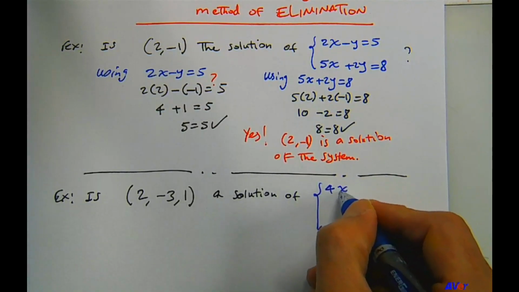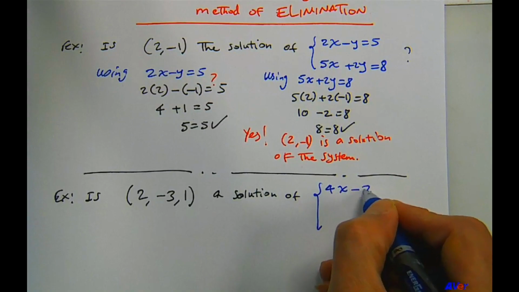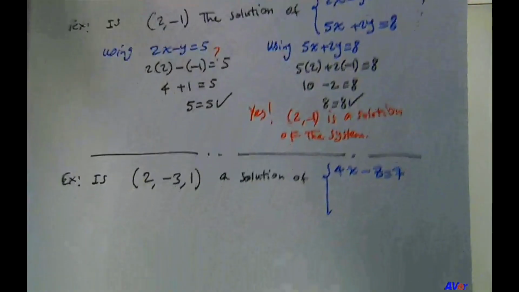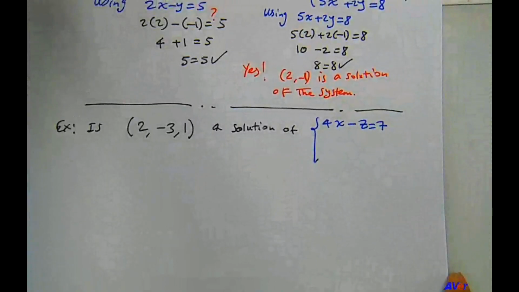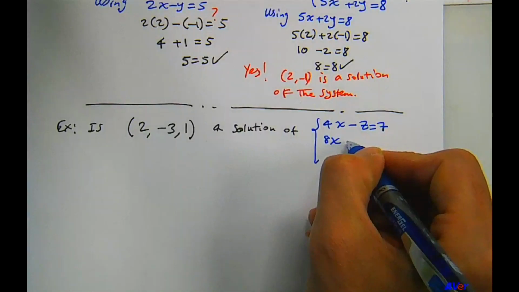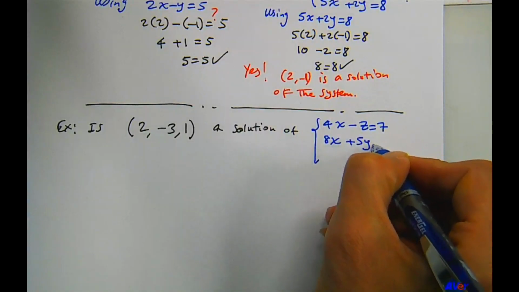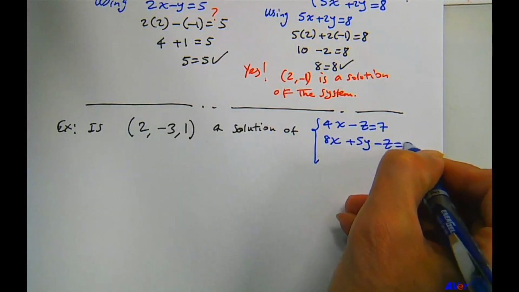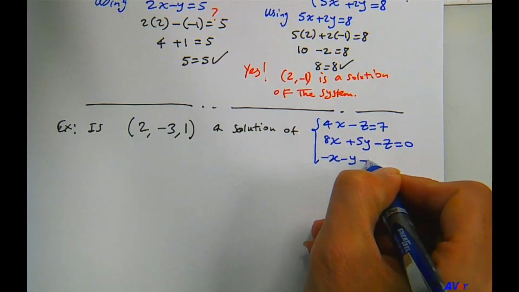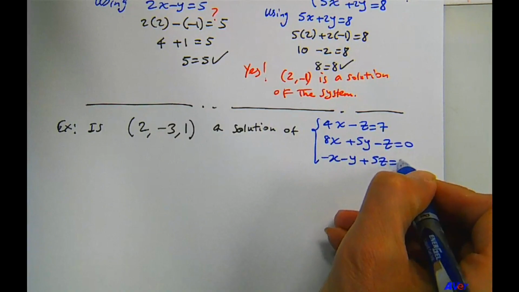We have 4x minus z equals 7. Move this up a little bit. And then 8x plus 5y minus z equals 0, and minus x minus y plus 5z equals 6.